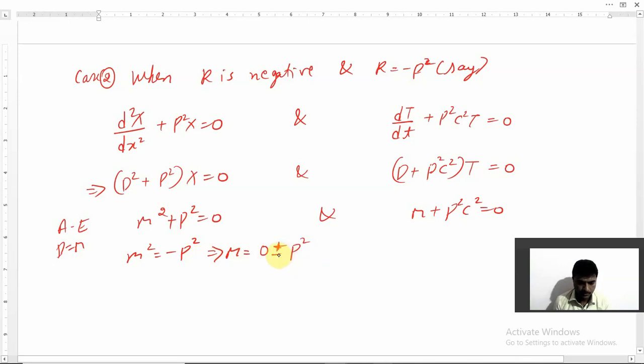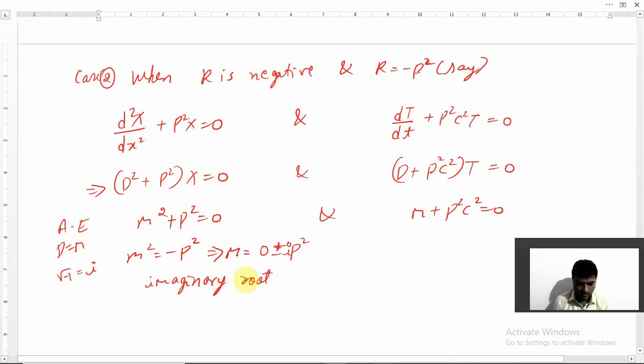So it is going to become plus or minus i p. Root minus 1 I have taken, p square will remain as it is, no change in p square. So this is an imaginary root.